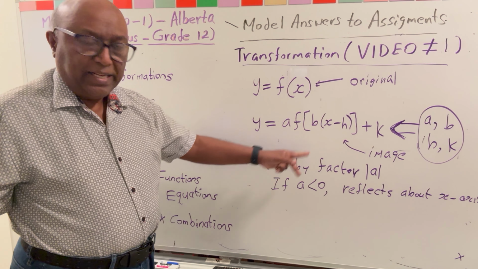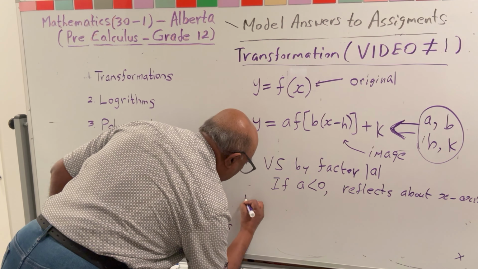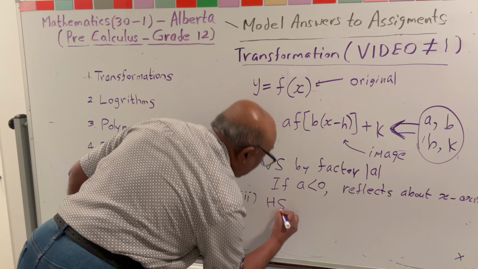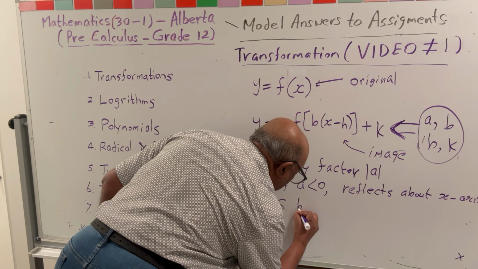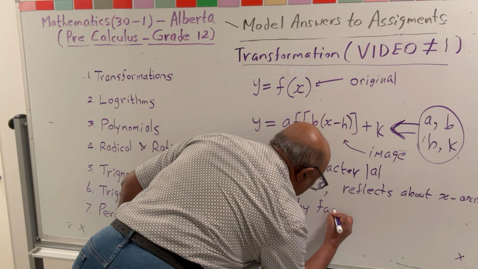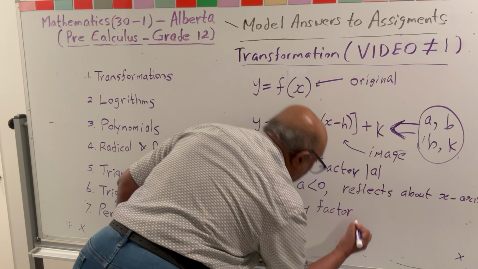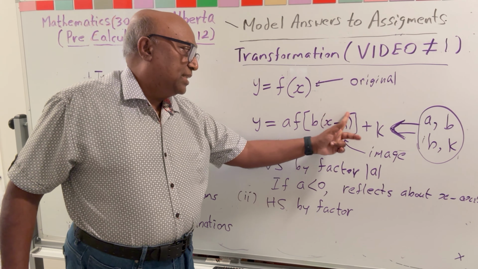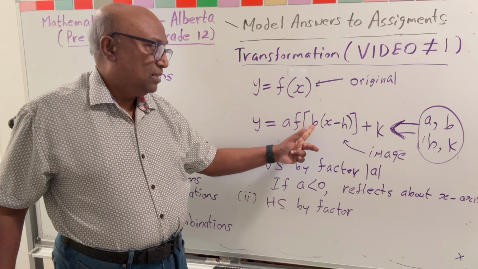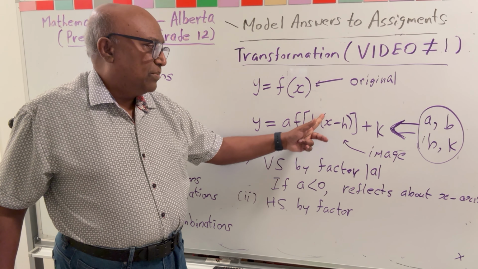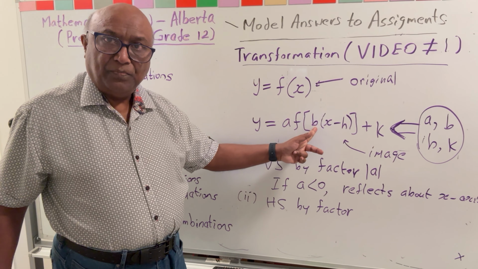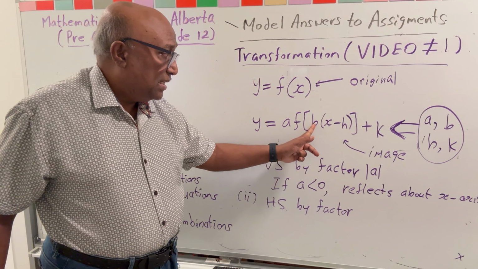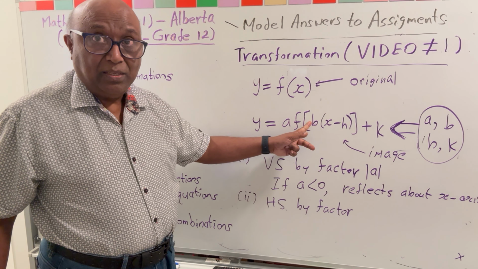What's the effect of B? That is called a horizontal stretch by a factor. What is B? That is the coefficient of x minus h, the number in front of x minus h. The function is horizontally stretched by a factor, but here that is not B. You have to be careful.